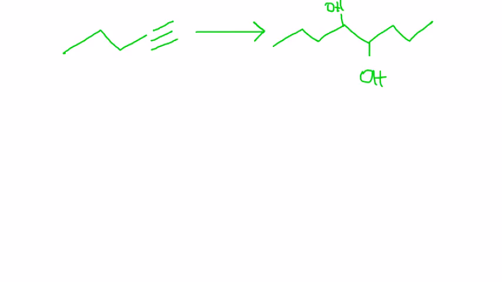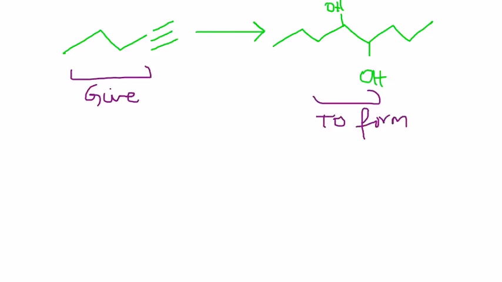Anytime I'm asked a prepare question, I always think about what I have been given and where I want to go. What do I have to form? That helps me in analyzing the prepare as to where the functionality is. Notice in this case, both your OHs are on the solid line, which means you have a cis-diol.